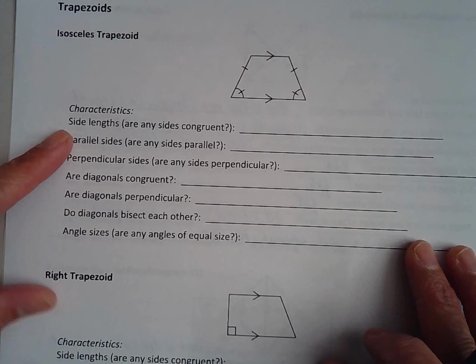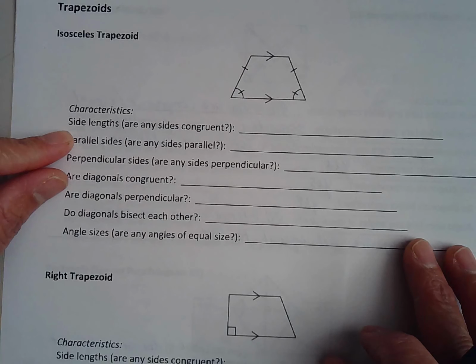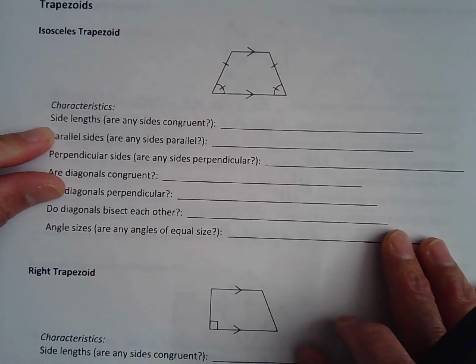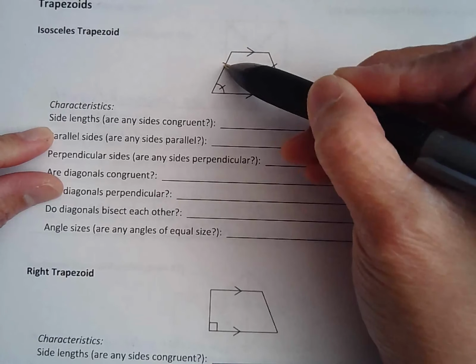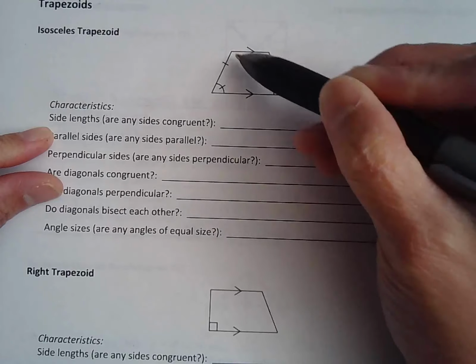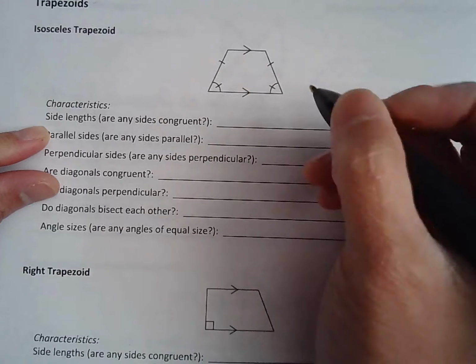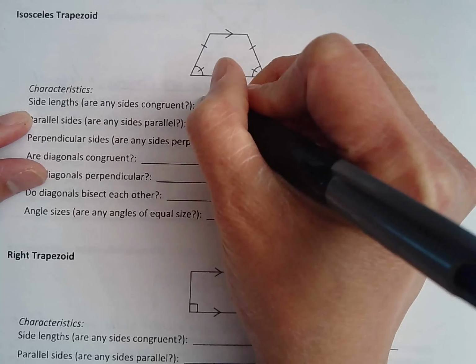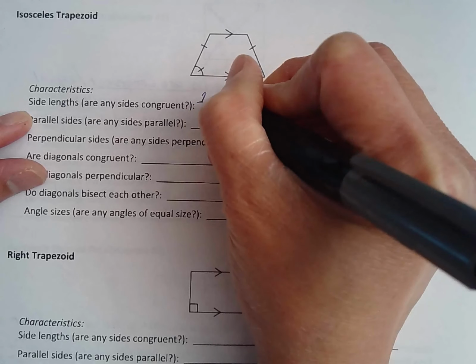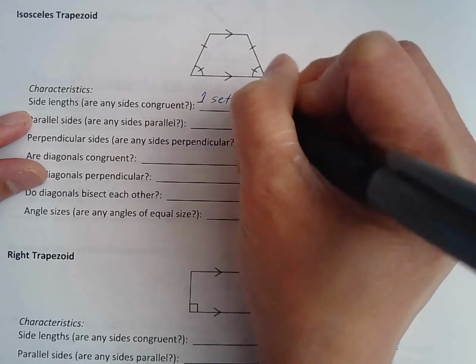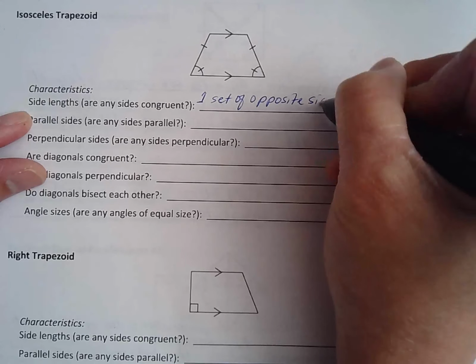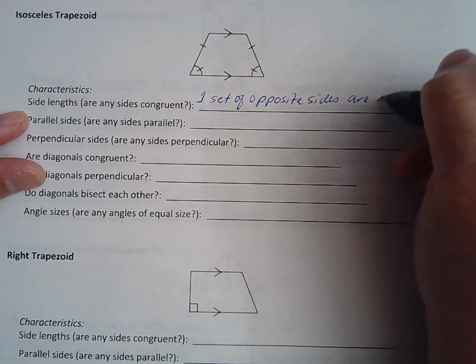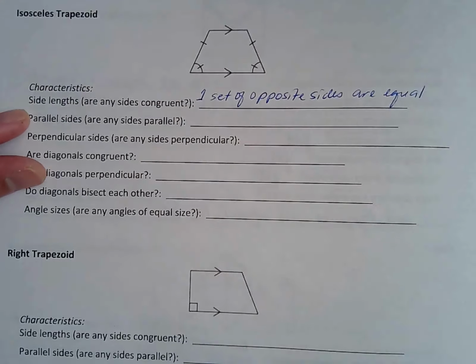So what can we say about side lengths? Any sides that are equal? This side and this side are equal. So it's only one set of opposite sides that are equal.